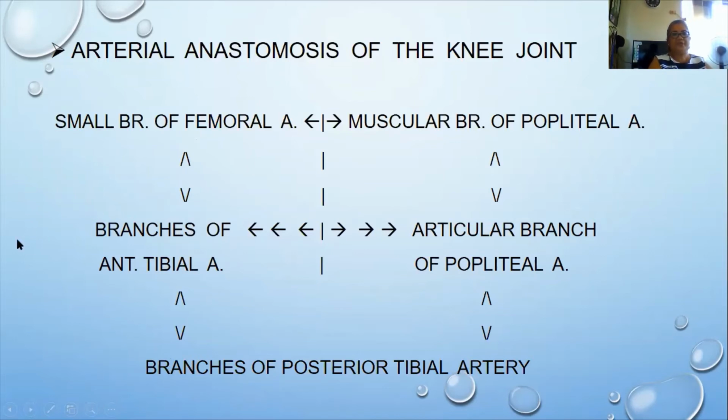So you see that the arteries here will be anastomosing with one, two, three arteries. In the same way, your articular branch of your popliteal artery will anastomose with your muscular branch of your popliteal artery, a branch of your anterior tibial artery, and the branch of your posterior tibial artery. So there will be no compromise of blood supply in the knee joint because of this structure.